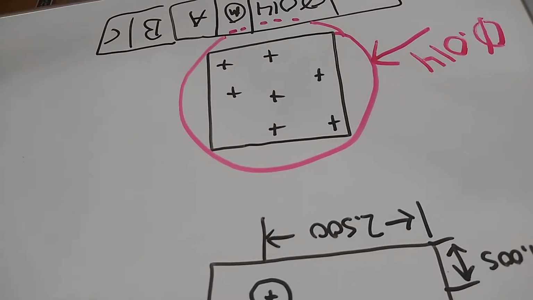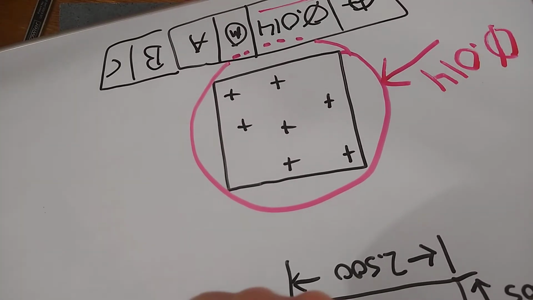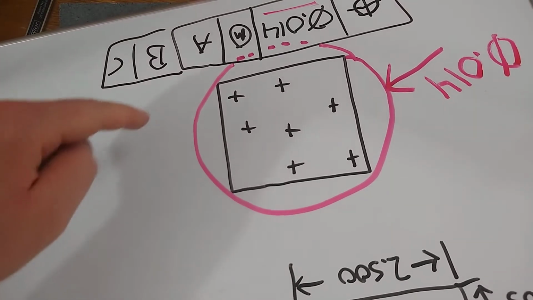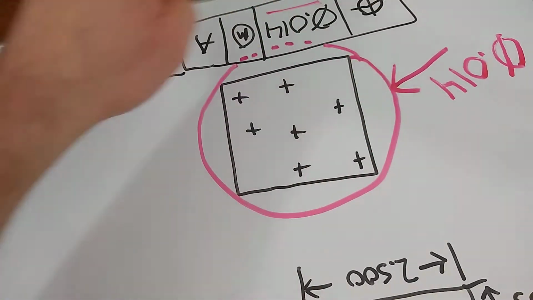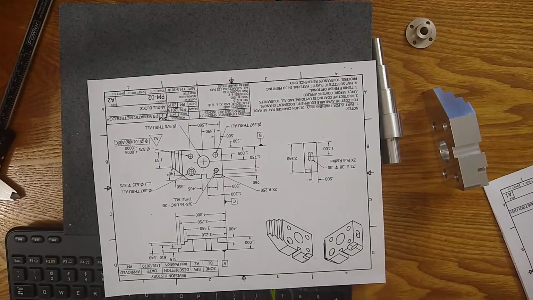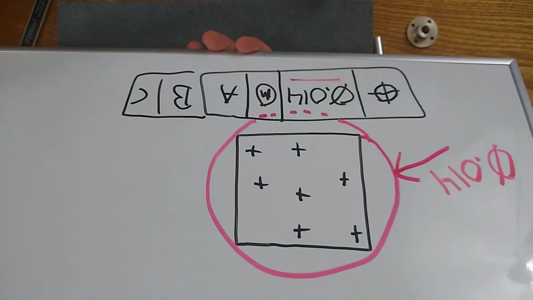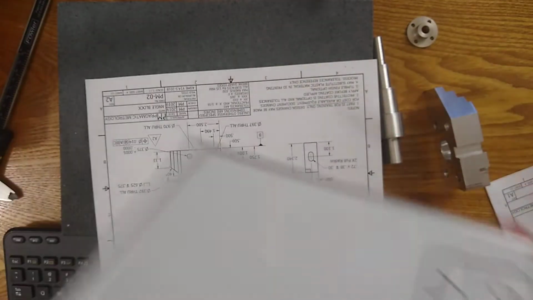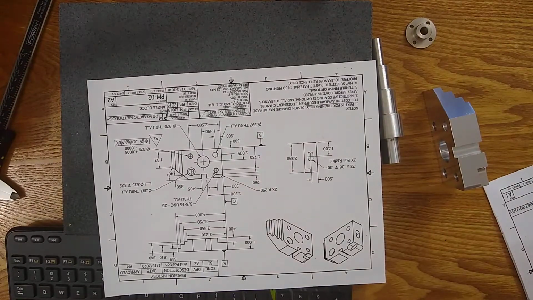That's what the basic dimensions are for here. But the GD&T defines the tolerance zone. So it overrides the tolerance, but you still need the basics to put the GD&T.